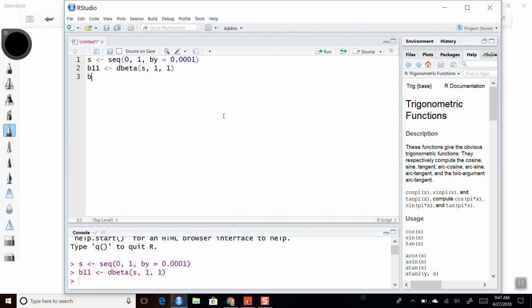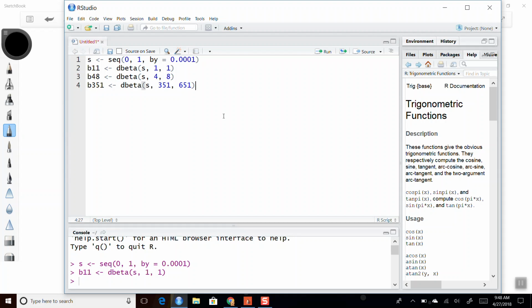And then we'll have B48, dbeta of s with 4 and 8, and then B351, 651, that's too many letters. We'll just call it B351, dbeta of s with 351 and 651.